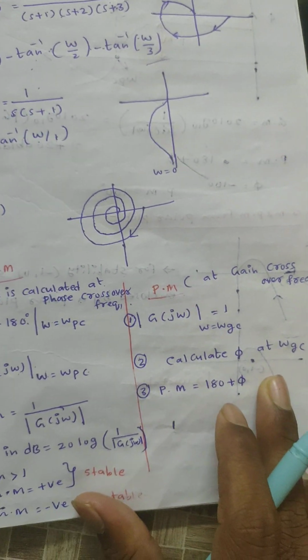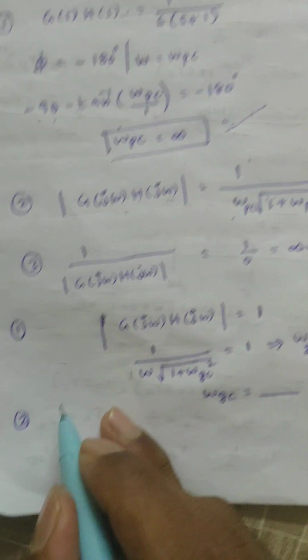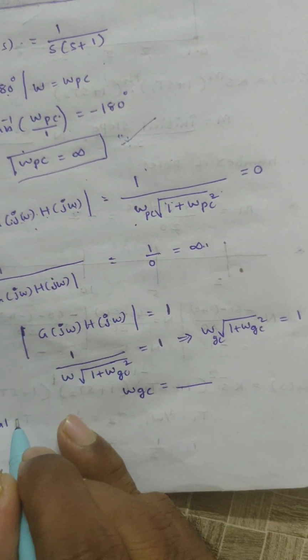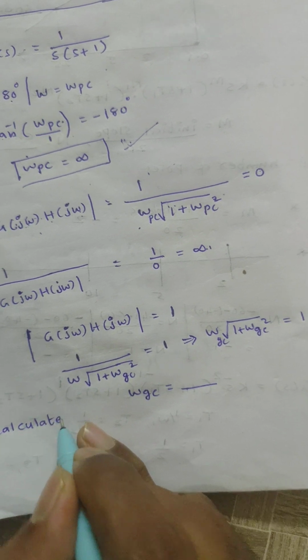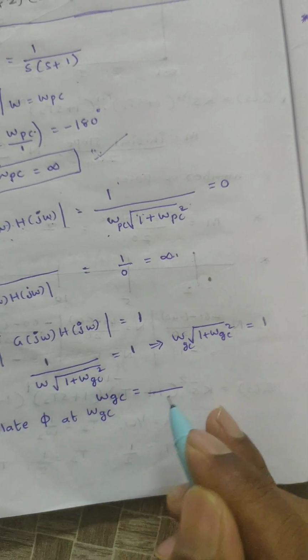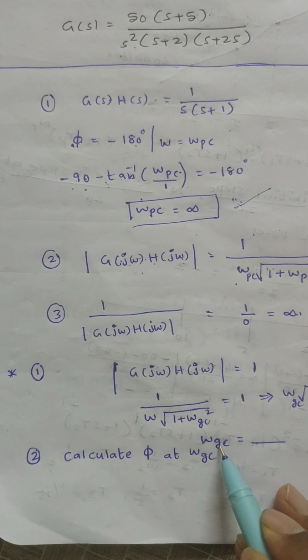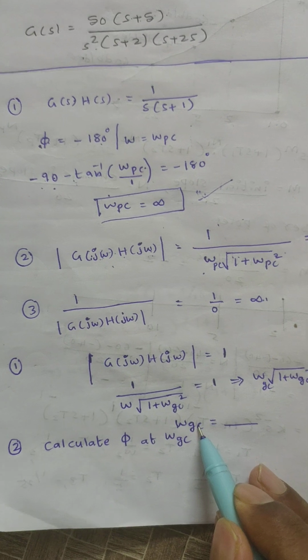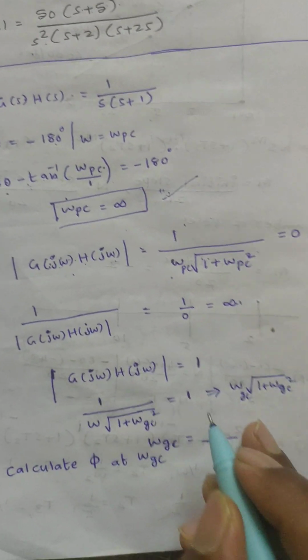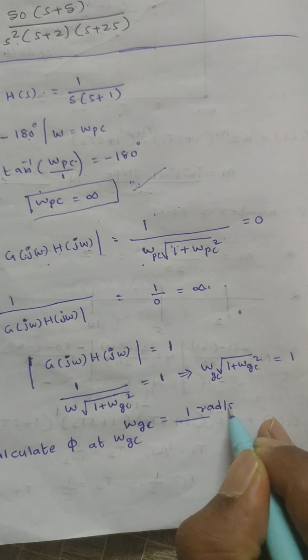Next, step 2: calculate phi value at omega gc. Phase margin is always calculated at the gain crossover frequency. For example, just for your understanding, I am assuming omega gc as 1 radian per second.